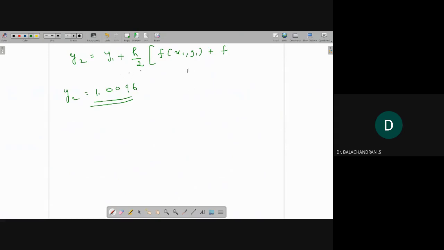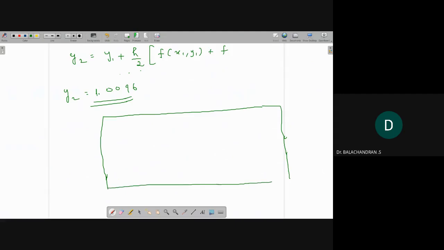So this is the final answer, and if possible, you can put a table like this. Usually examiners will check the final answer, so that's why you put the table.